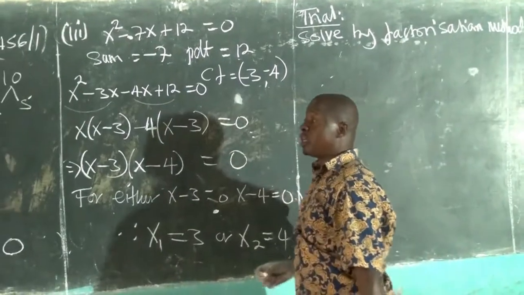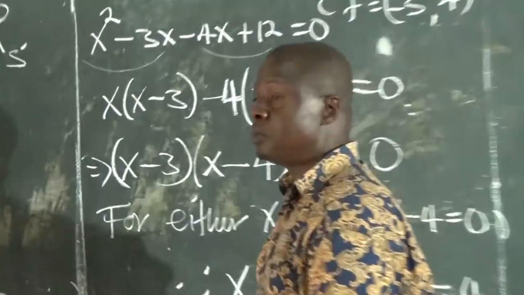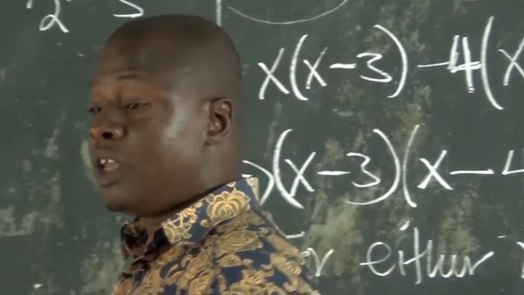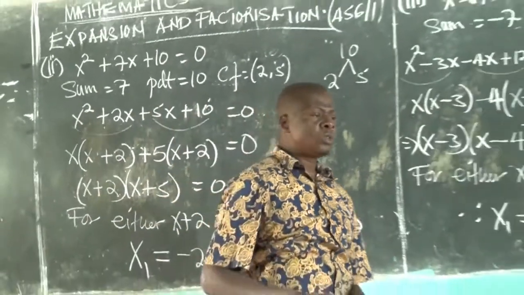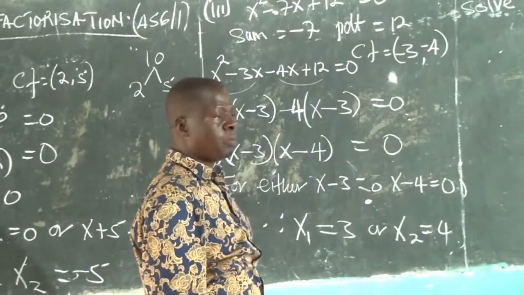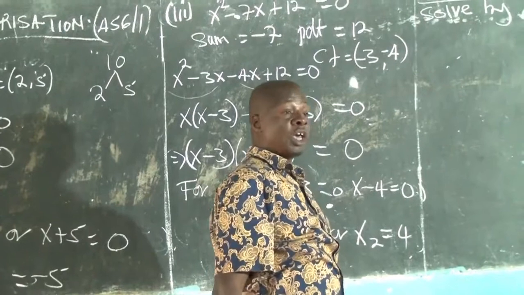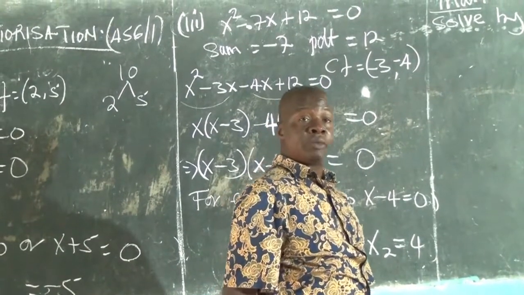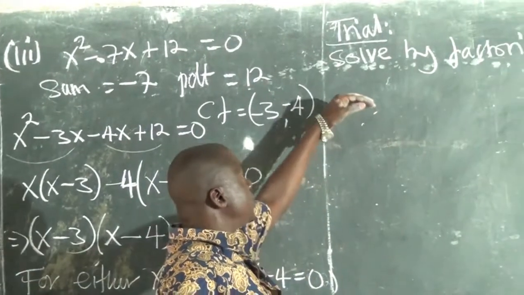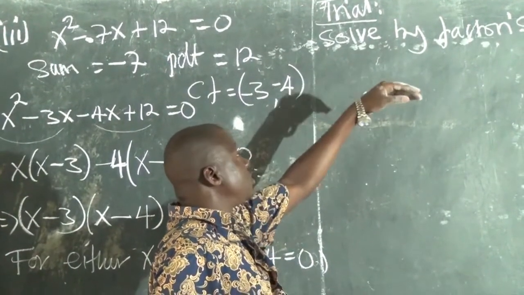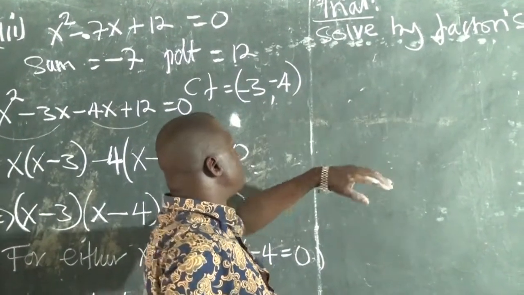Alright, read the question and understand it well. If they say by factorization, someone is going to say, but I know how to use a general method, or the bulldozer, or the graphical. Yes, you get the same answer, but you get no mark. We say that by factorization method.